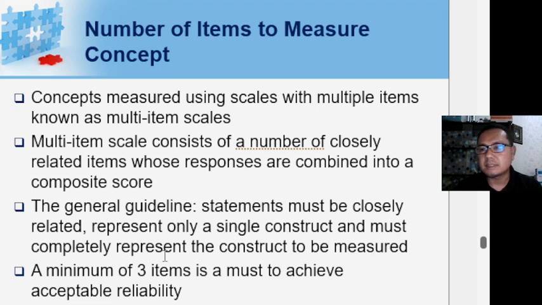A minimum of three items is a must to achieve acceptable reliability, so you must have at least three items to measure one construct.